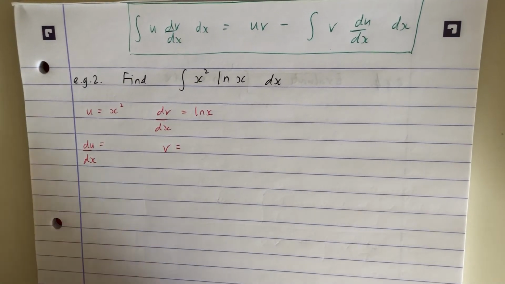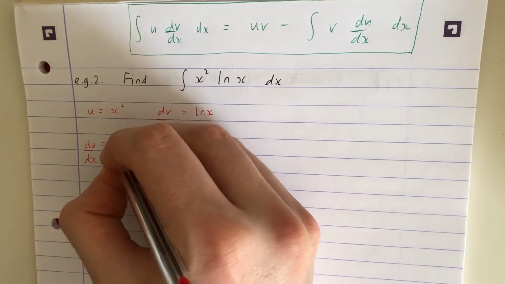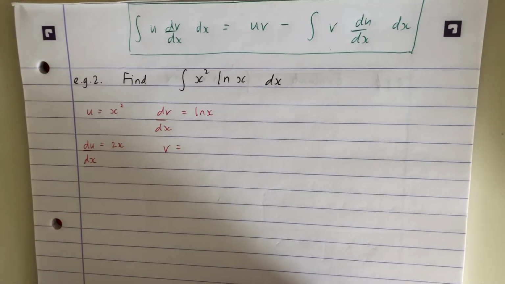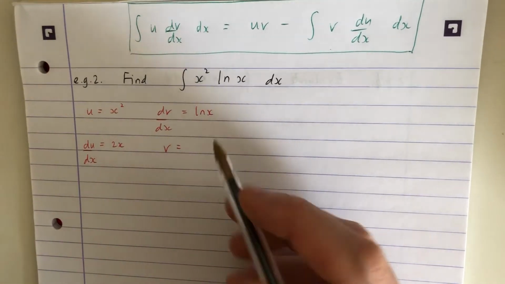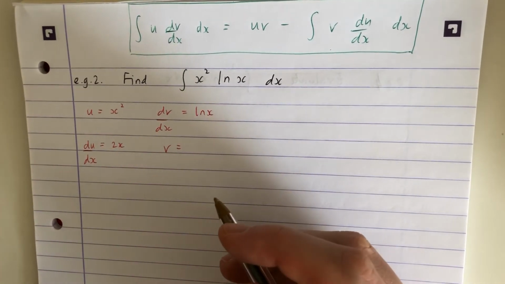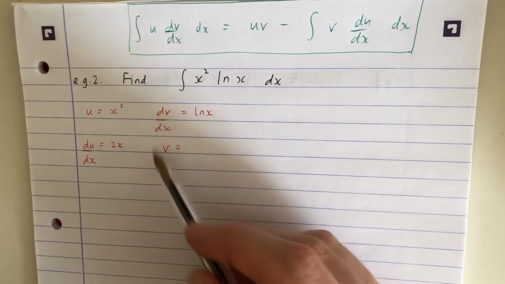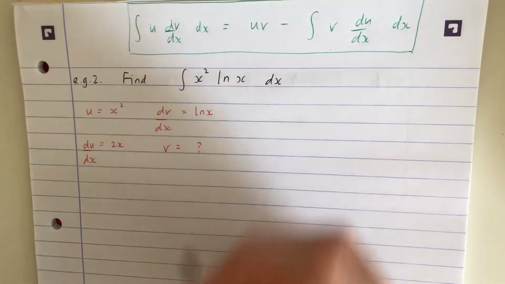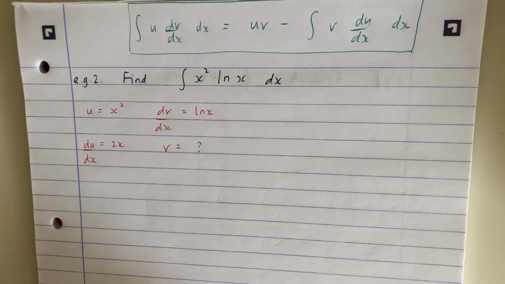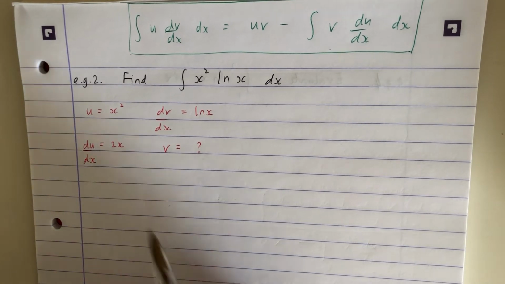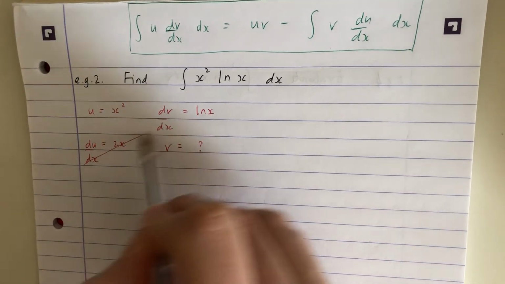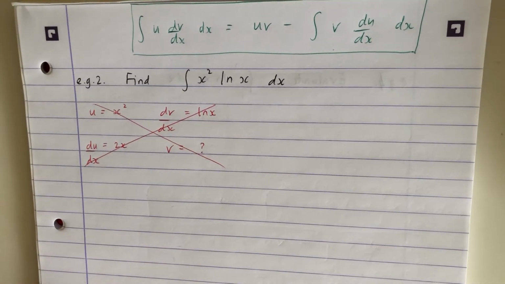I can differentiate x squared, which is 2x, but I don't know how to integrate ln x. At the moment, you guys should know what this is, so it's an incomplete formula. So we must have got the order wrong at the start.